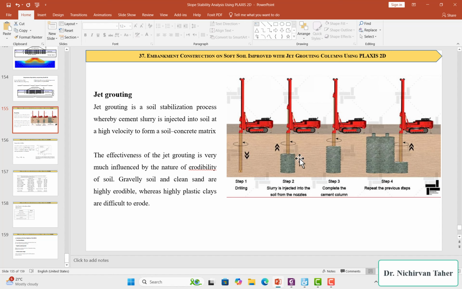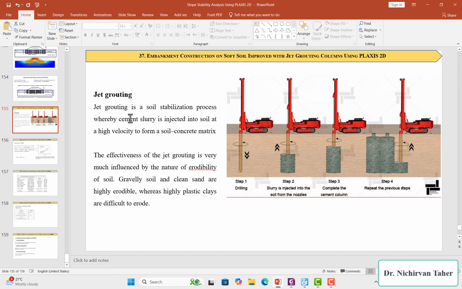The effectiveness of this jet grouting method depends on the type of soil. For example, it is affected by the erodibility of the soil. A gravelly soil and clean sand are highly erodible. That's why it is mostly effective in this type of soil, gravel or clean sand.